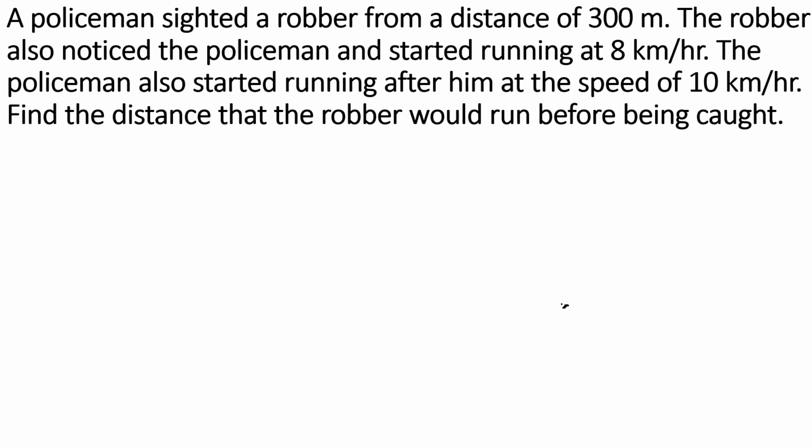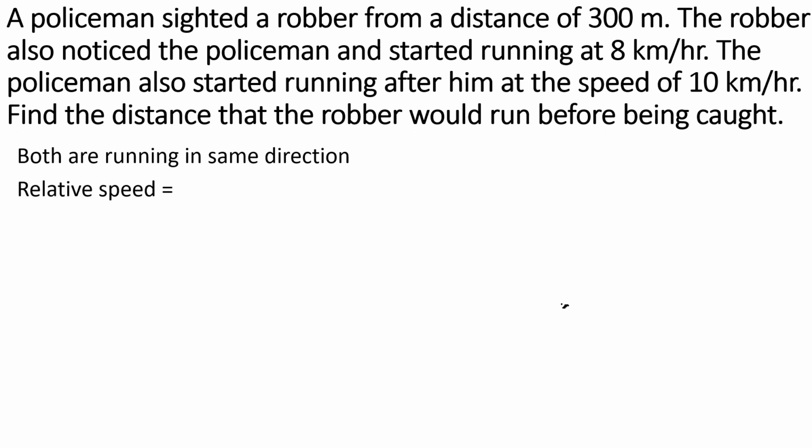Since both are running in the same direction, the relative speed will be the difference. The policeman is 10, the robber is 8. So 10 minus 8, 2 kilometers per hour is the relative speed.